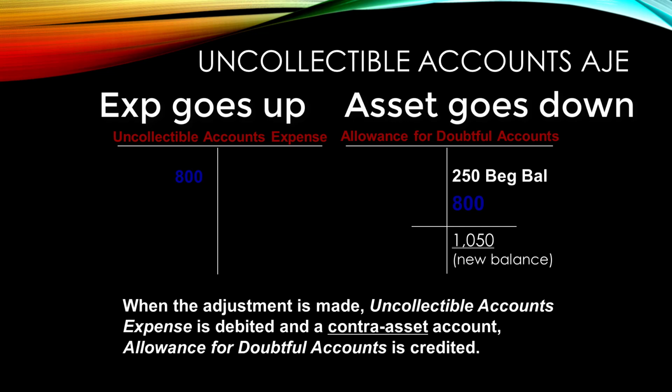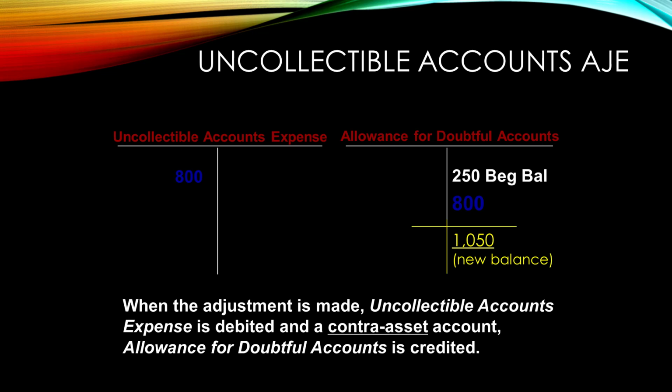When the adjustment is made, the expense is placed on the income statement, and accounts receivable is brought down to its net realizable value. Let's take a look at how the balance in the allowance account, now $1,050, would be shown on the balance sheet.